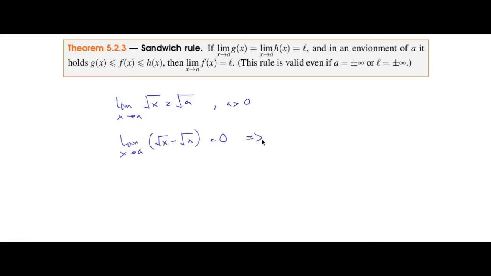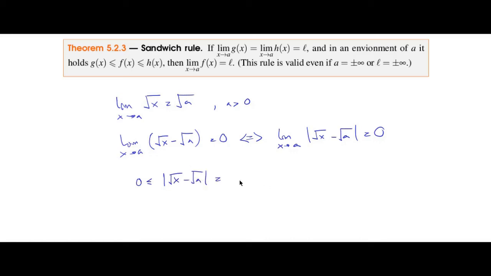This is also equivalent to proving that the absolute value of the difference is 0. If the absolute value of this difference is 0, that means that the difference is 0, and if the difference is 0, that means that the absolute value is 0. So it's the same thing. In order to prove this, we know that 0 is smaller than or equal to the difference, because the absolute value is always positive.